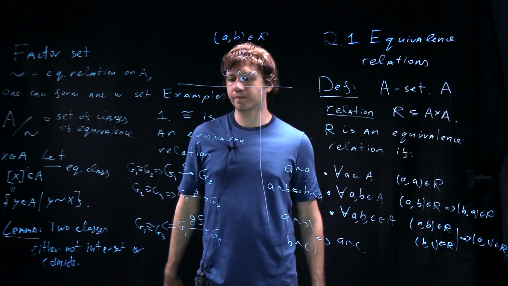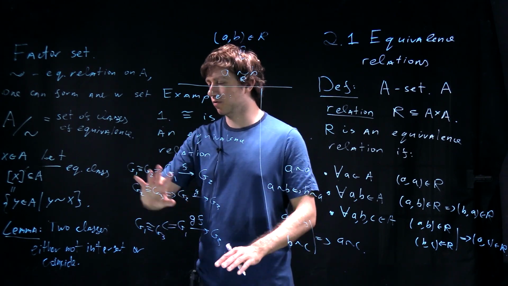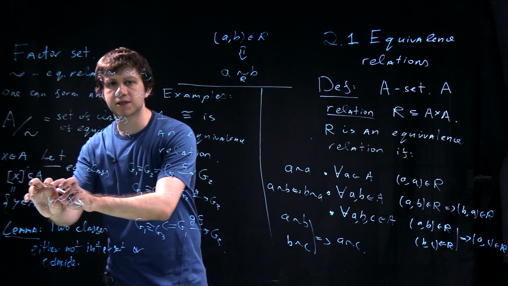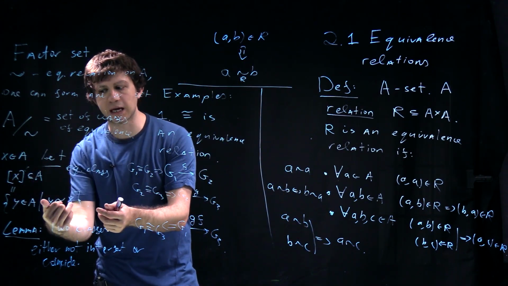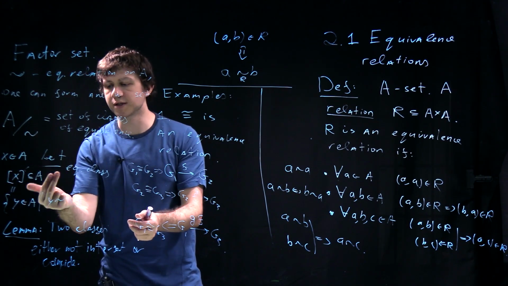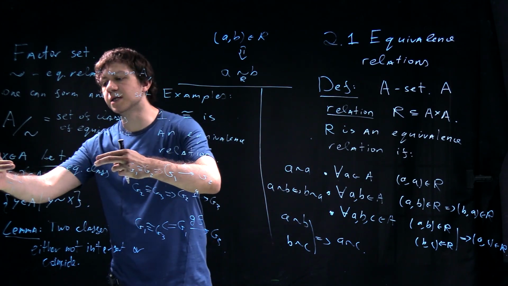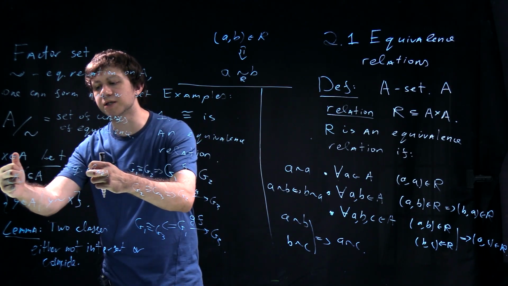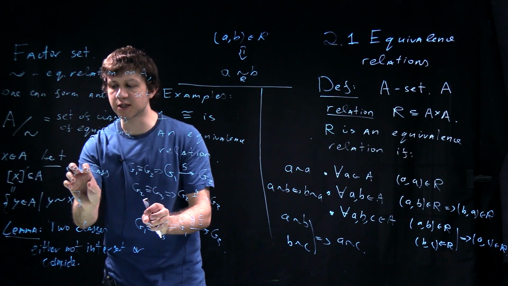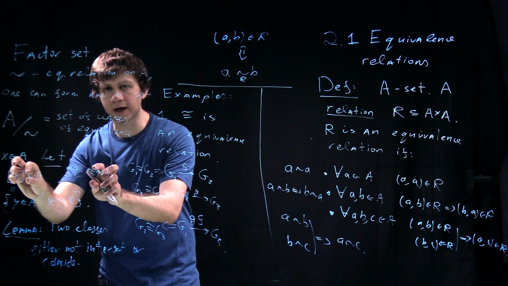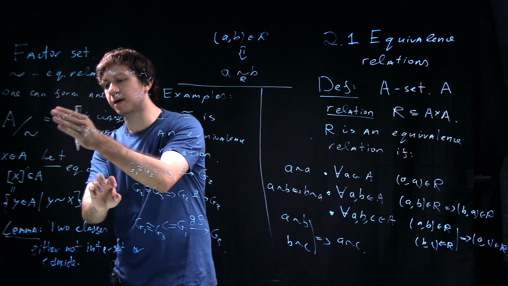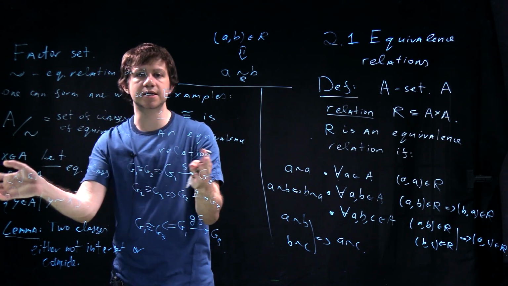Why is it so? Again, I expect you know this theorem. If not, you should look it up. But imagine two classes intersect. There is one element inside both of them. It's equivalent to X, and it's equivalent to the element in the other class. By transitivity, this means that these two elements in these classes are equivalent. So actually you have the class generated by X and some other element, say Y, then X is equivalent to Y. But then any other element in the first class is equivalent to X, so by transitivity it's equivalent to Y, so it's in the second class, and vice versa.